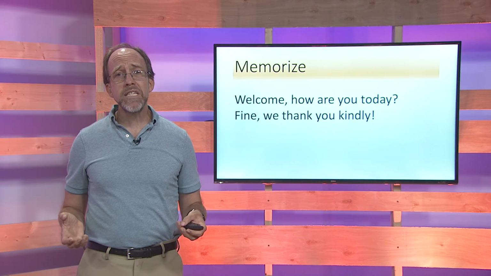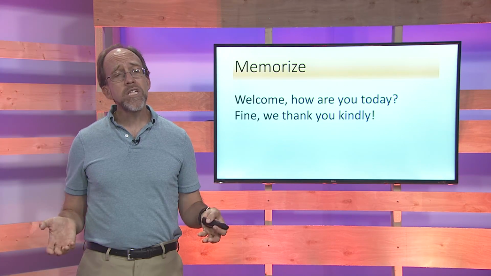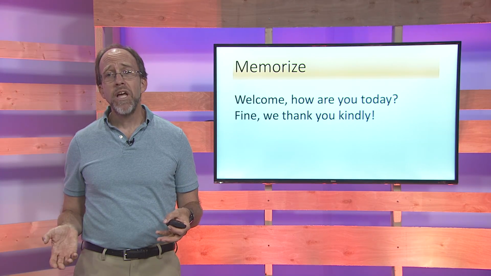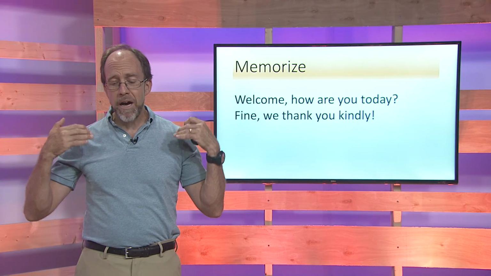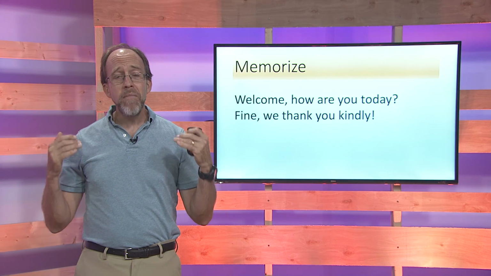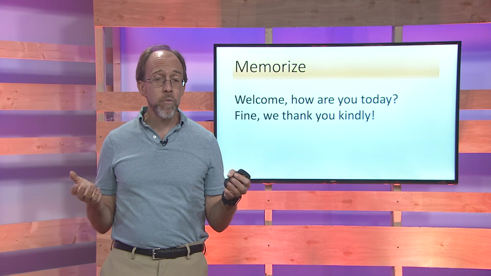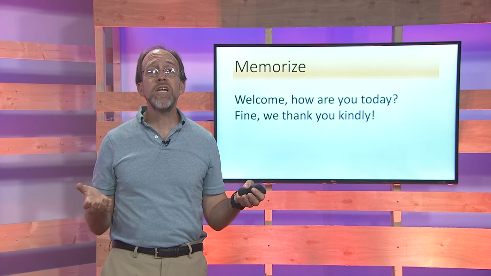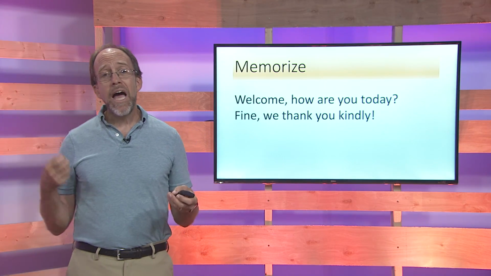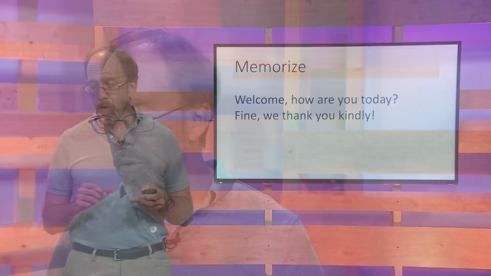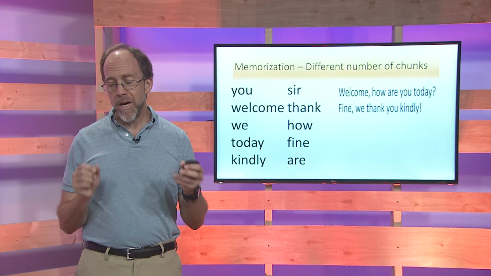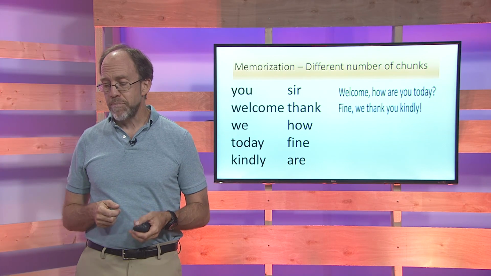However, if you memorize them as a phrase, the phrase becomes a single chunk of information, and your learned information about how the words should go together makes sense. That's also the way that you can remember the words to lots of songs, because you're memorizing patterns. Welcome, how are you today? That becomes one chunk of information because your mind knows this all goes together well. Different numbers of chunks of information.